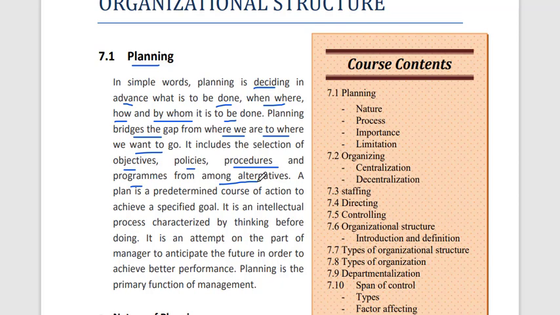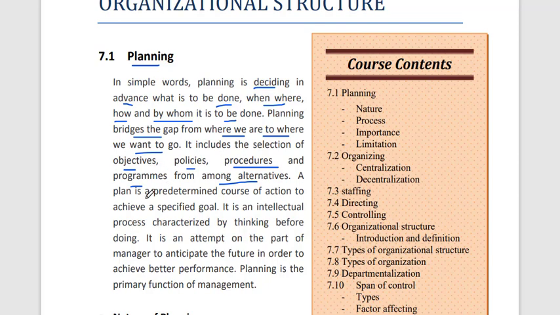Let's say we have two to three alternatives to complete our goals. From the different alternatives we have to choose one, which is less time consuming and financially cheaper. We have to plan everything in advance.